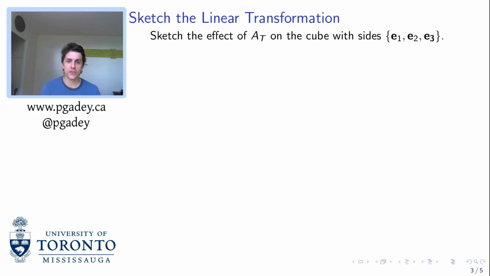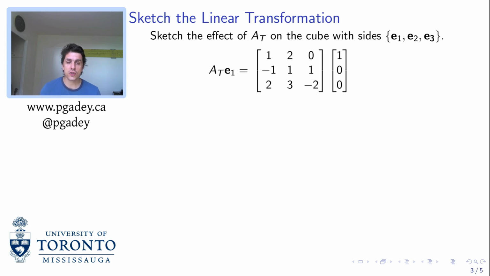We want to sketch the effect of A of T on the cube with sides E1, E2, and E3. So let's do the matrix multiplication. We get that we're multiplying the matrix against 1, 0, 0. There's a very key point that I want to make here. When we do this matrix multiplication, we're always multiplying rows against this column.